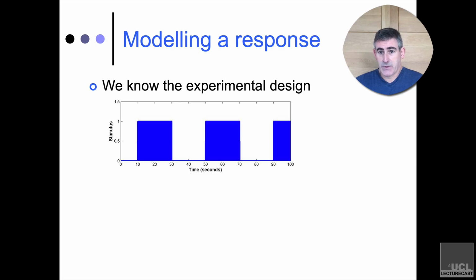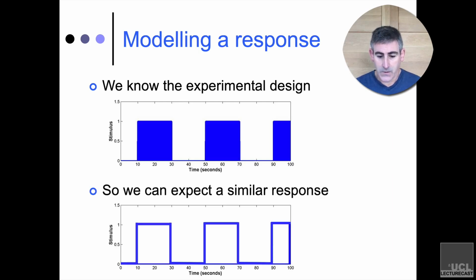And then what I need to do is come up with a model. And I know what our experimental design was. So let's assume for the purposes of the lectures this week that for the most part, we're just going to be talking about a simple block design task like the kind of finger tapping thing that we've done in the past. We do 20 seconds of finger tapping, then we have 20 seconds of rest, then we do 20 seconds of finger tapping, 20 seconds of rest, etc. So we have this kind of design that's shown here in the slide at the moment.